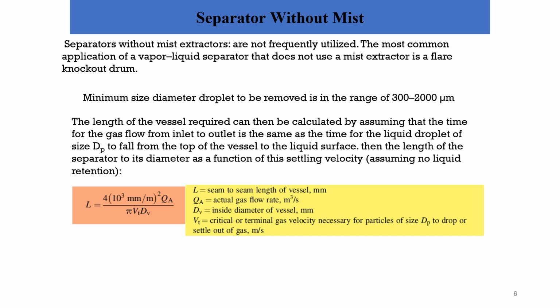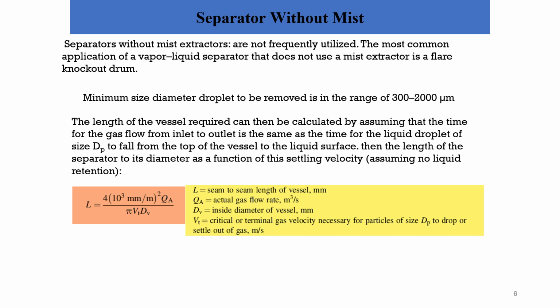This means that I have liquid droplets in the range between 300 to 2000 micrometer, and therefore I can find the length of that separator by assuming that the time needed for the gas flow from the inlet of that separator to the outlet will be equal to the time required for the droplet of liquid to fall from the top of the vessel to the bottom of the vessel.